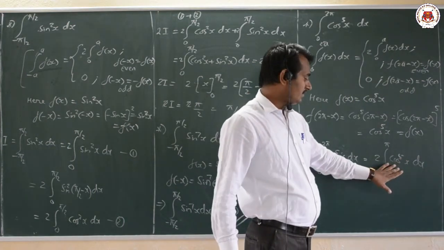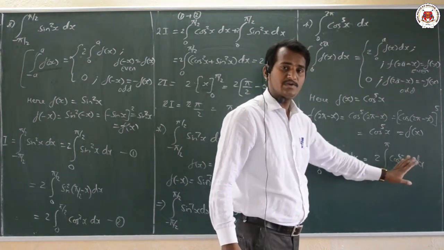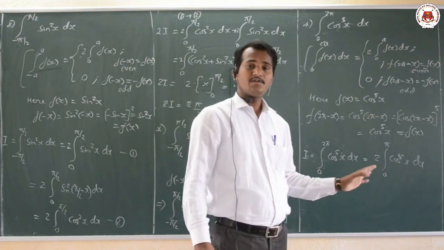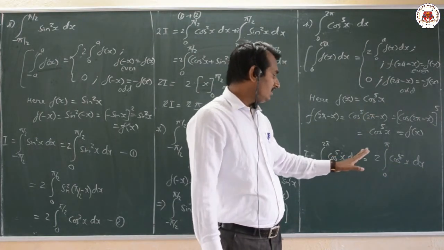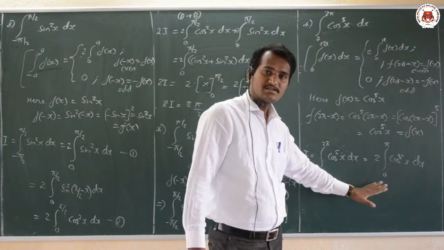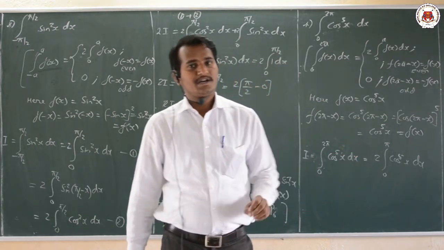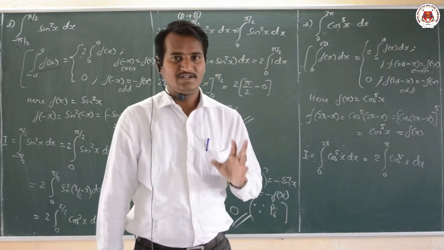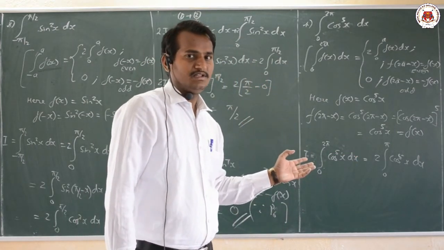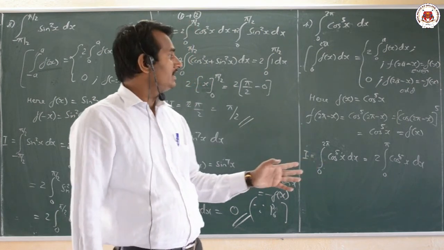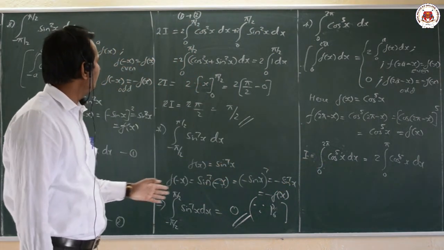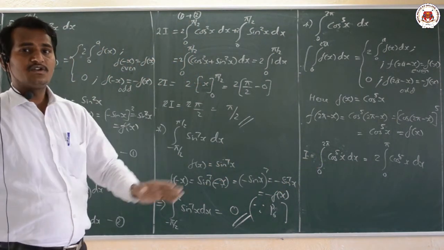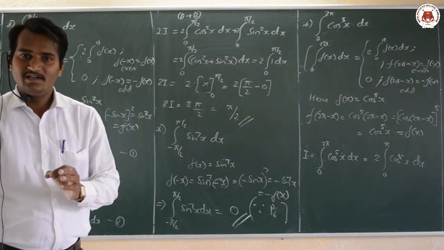You can take it as cos square into cos cube, make use of trigonometric formulas, apply the integral formulas, and substitute both the upper limit and the lower limit values. In that manner you can solve it.